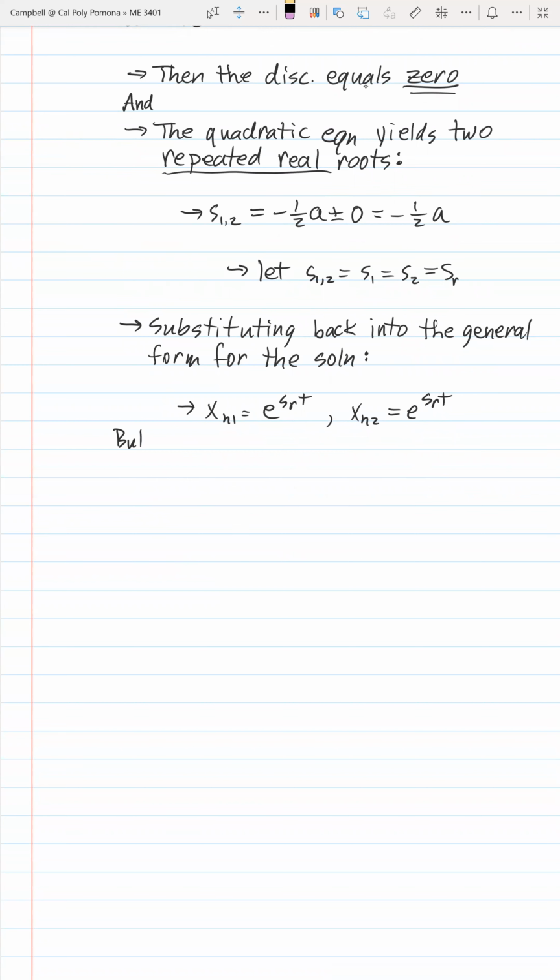Well, let's kind of press forward, because remember, we can form a linear combination. And that linear combination is also a solution.